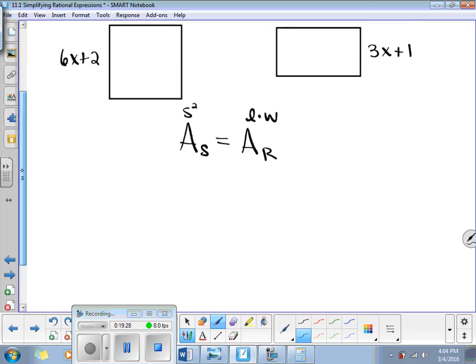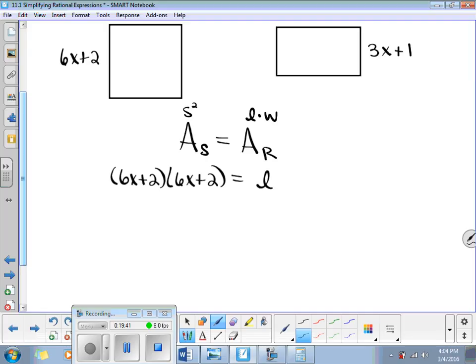So now we just solve for the area. So for the area of the square, side squared, we've got 6x plus 2 times 6x plus 2, and that's equal to the length times the width, which is 3x plus 1. So now, all we have to do is solve for the length.